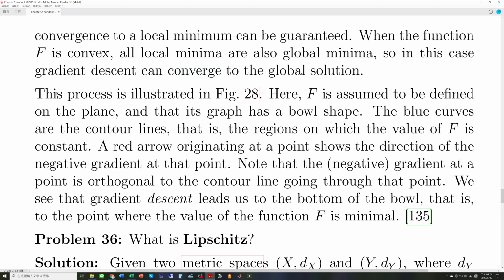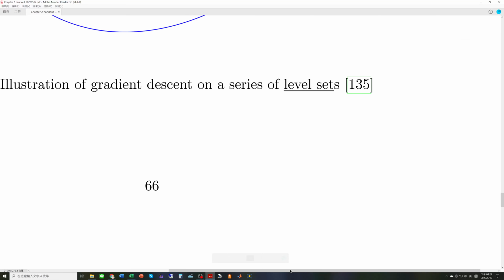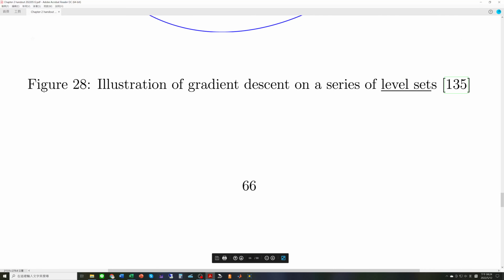This process is illustrated in figure 28. Let us see figure 28. Figure 28 is the illustration of gradient descent on a series of level sets.